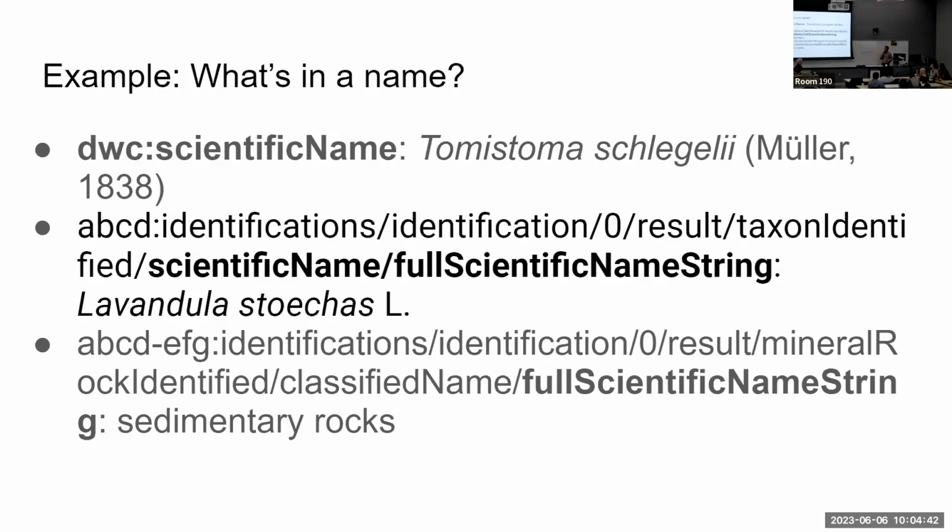You have Darwin Core scientific name, your typical binomial, but then you also have ABCD, which has a little more structured hierarchy, and then the geological specimen where it might just say rocks. That's their way of describing things. But we want to bring all of this together within the digital specimen, and these are real data that we have seen when ingesting.